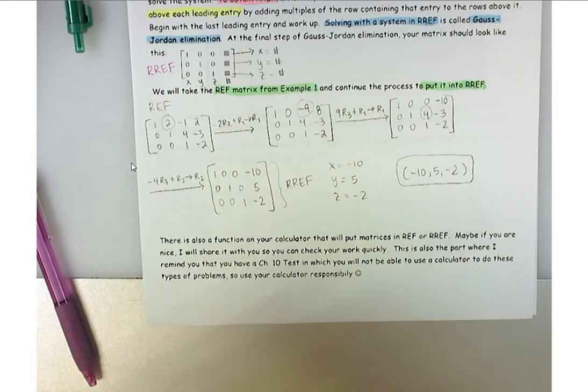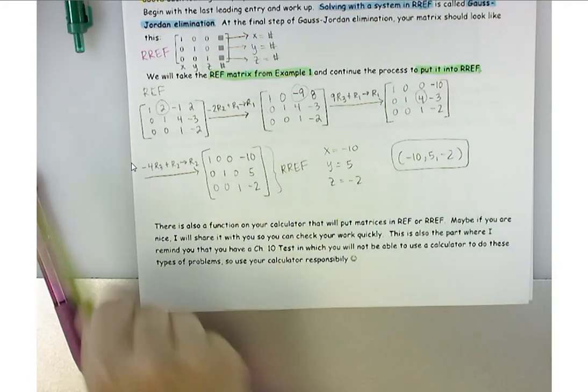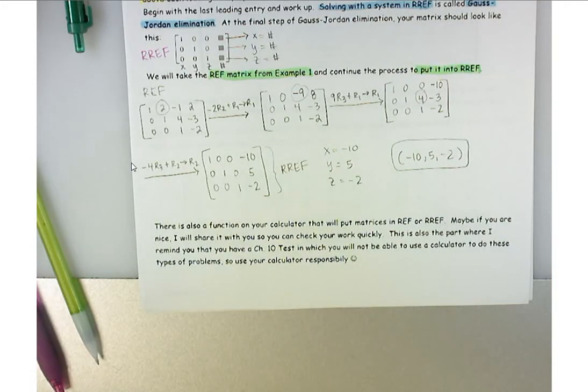Okay, so there's also a function on your calculator that's going to put matrices in row echelon form or reduced row echelon form. I said maybe if you're nice, I'll share it with you so you can check your work quickly. But then I also need to remind you that you will have a Chapter 10 test in which you will not be able to use a calculator to do these types of problems.